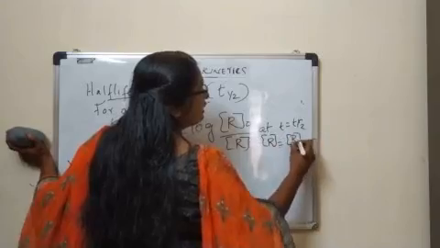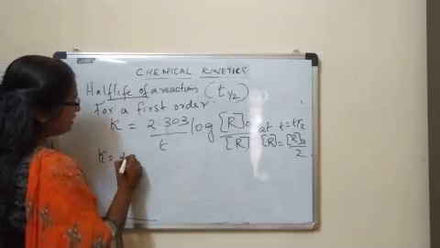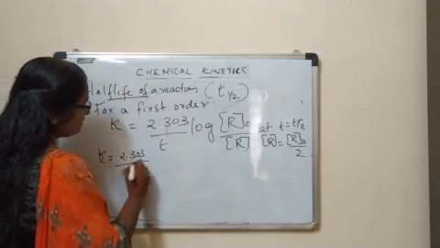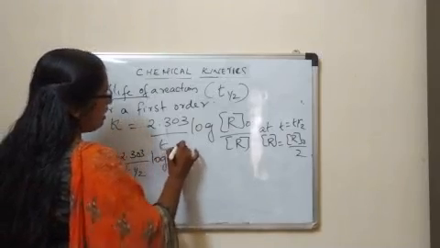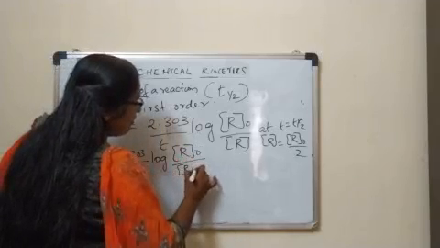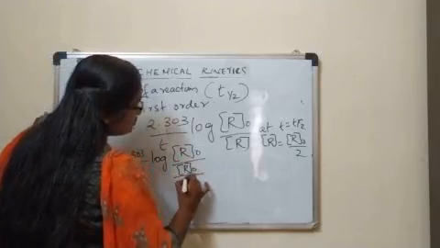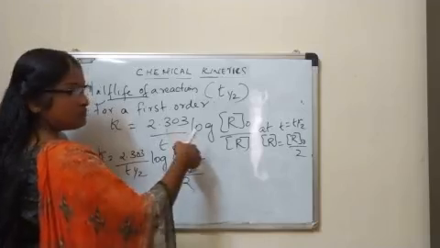So substituting these, we can write k is equal to 2.303 by t half log R0 divided by R0 by 2. So R0 and R0 will cancel and the 2 goes upwards.